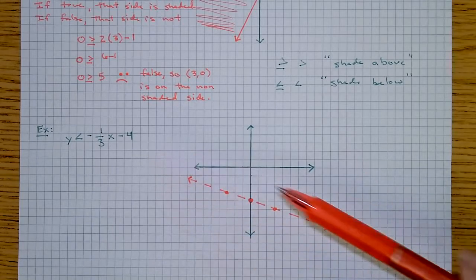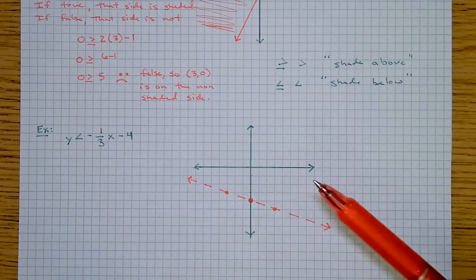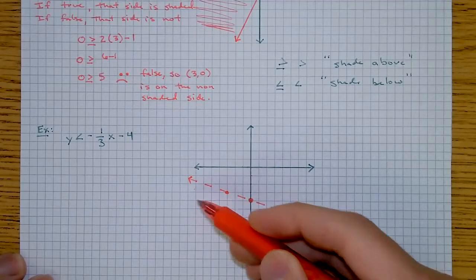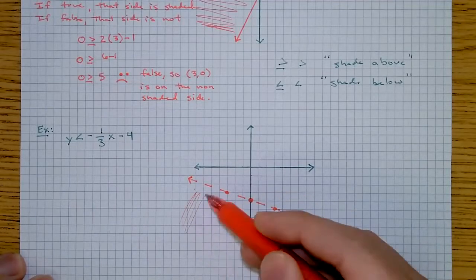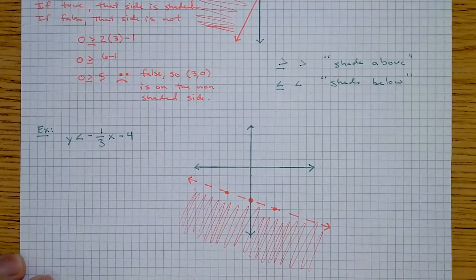Just looking at the graph, this one's a lot easier to tell which side is above and which side is below. So y is less than should be shading below, like so.